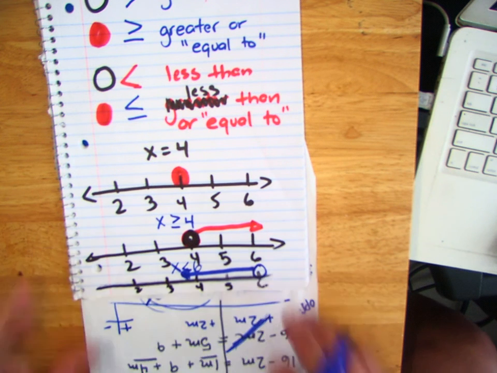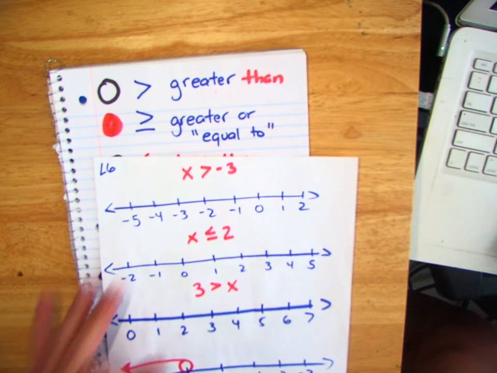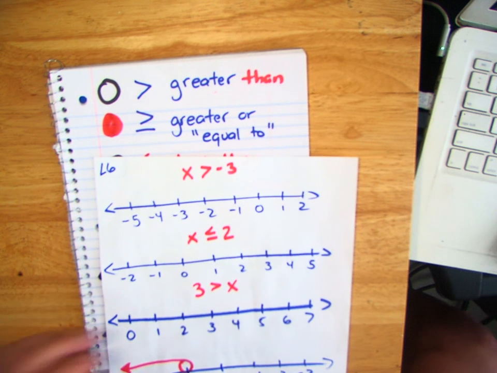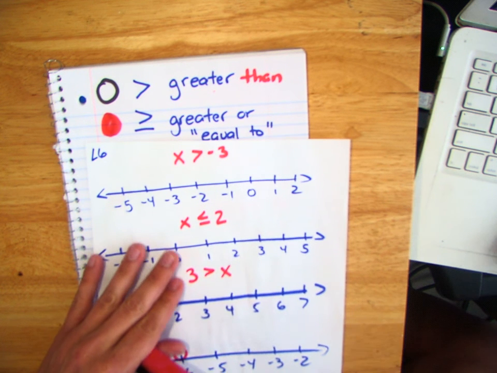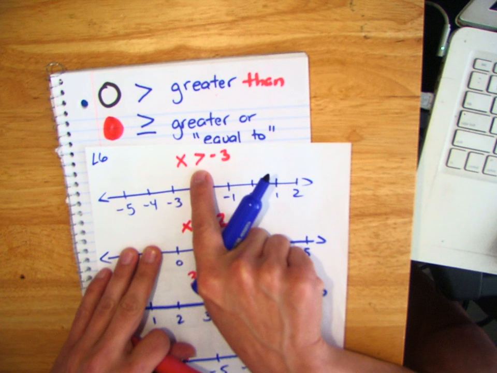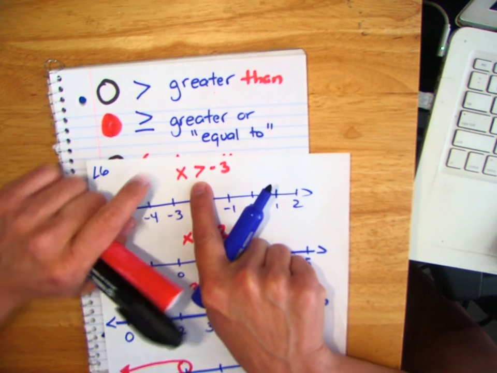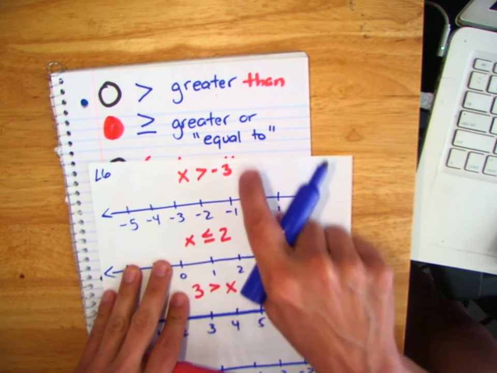So continuing the lesson, we're going to go ahead and do this part right here. So remember, you want any number that, it's pointing to the right, so it's greater than, bigger than -3. So where's -3?